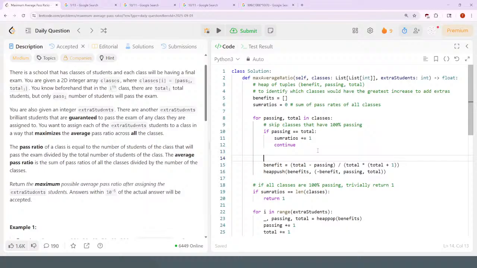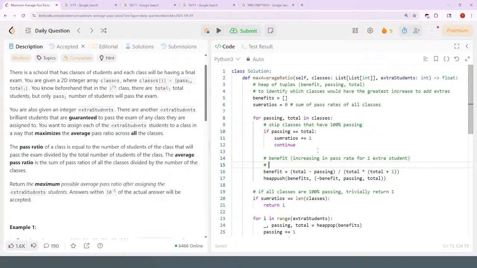And benefit formula, benefit is just the increase in pass rate for one extra student, which equals A plus 1 divided by B plus 1 minus A over B, and then dot dot dot.